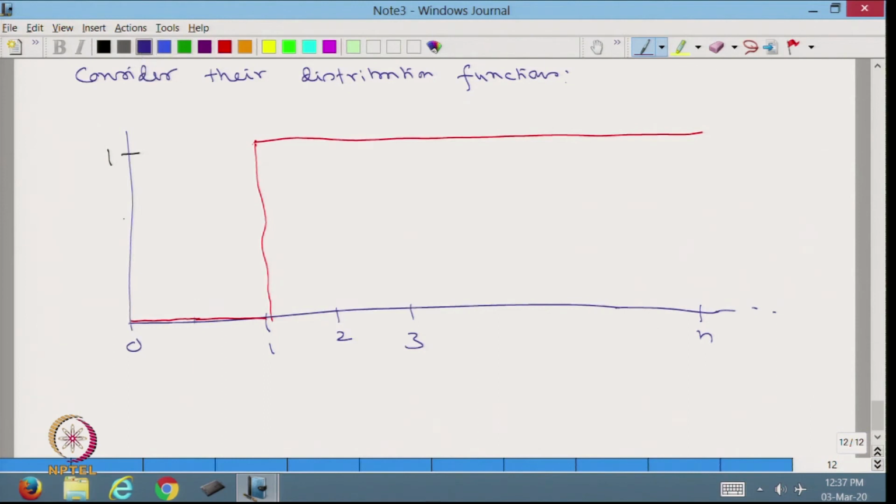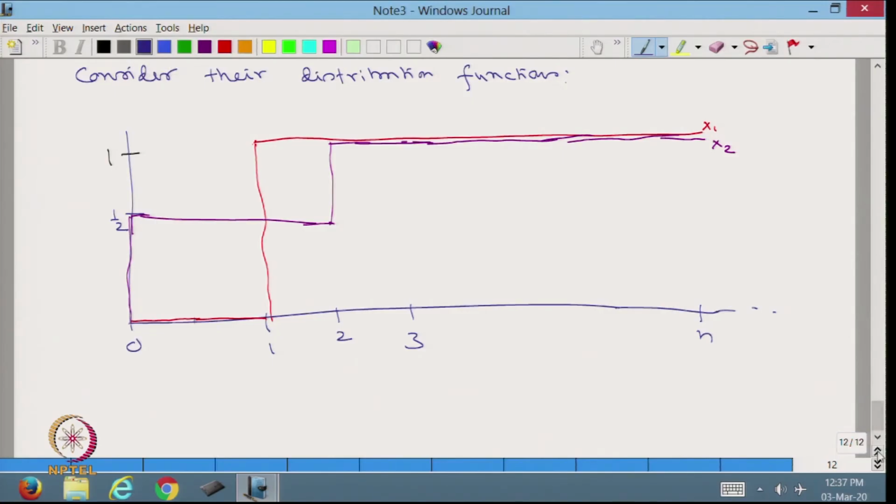So, if this is my half, after 0, the cumulative distribution function goes to half, and at 2 it goes to 1, and it remains 1 throughout. So, this is for X2, this is for X1.